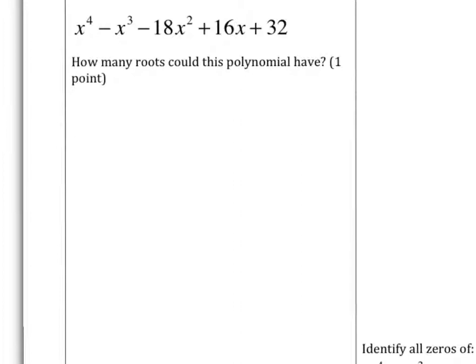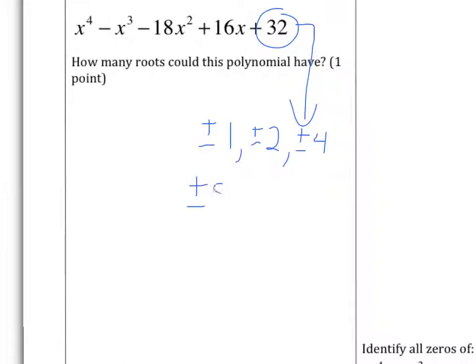Based on the rational root theorem, you need to make some good guesses for what could be factors. I'm going to take 32 and list all the positive and negative factors of 32. So that's going to be plus or minus 1, plus or minus 2, plus or minus 4, plus or minus 8, plus or minus 16, and plus or minus 32.